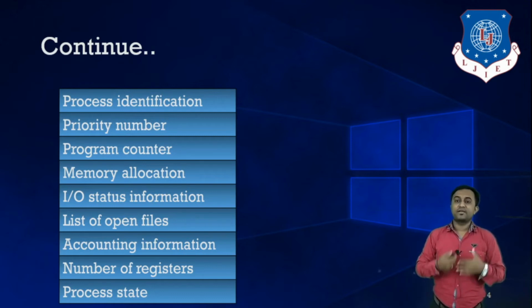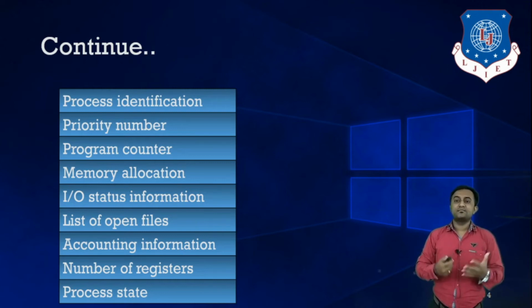In the same way, in the case of operating system, there are two types of processes: system processes and user processes. System processes generally have higher priority as compared to user processes. Why? For example, we have one process which maintains the temperature of the CPU.